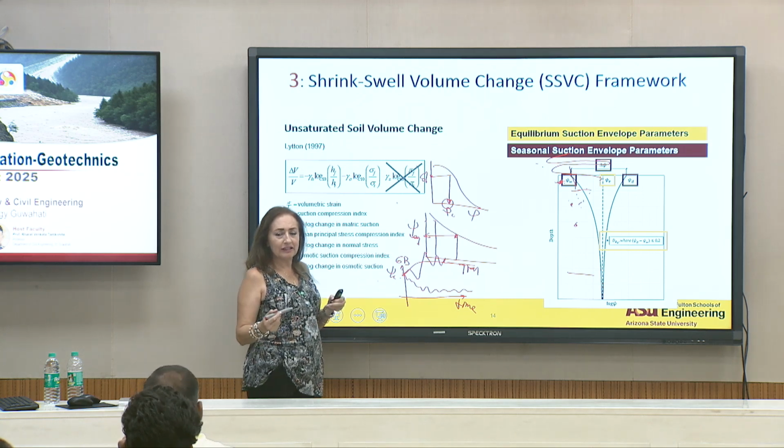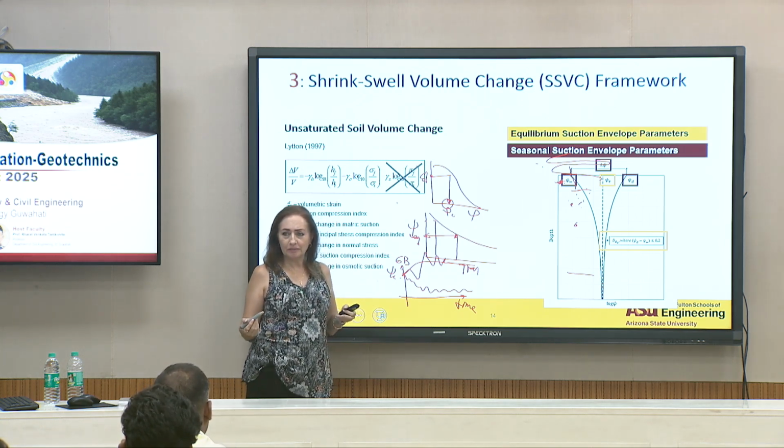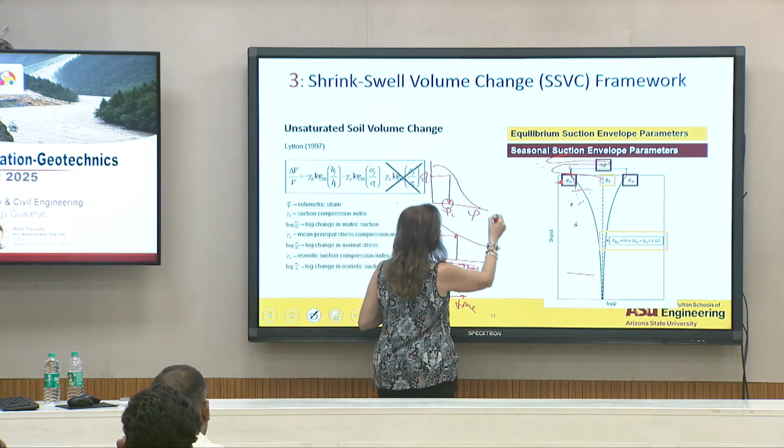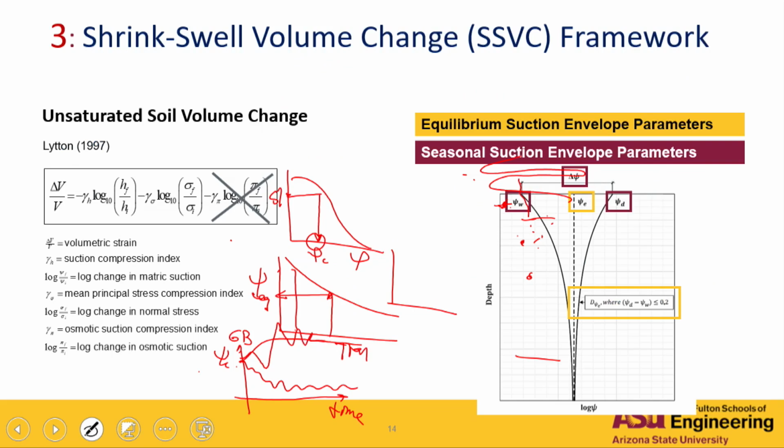This is the same thing that you do in compressibility: the change in volume for your compressibility curve. You're going to need an initial value and a final value, and you're going to need this range in order to figure out what your change in void ratio is.